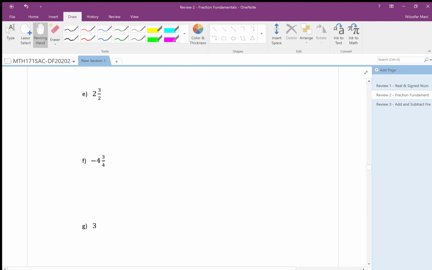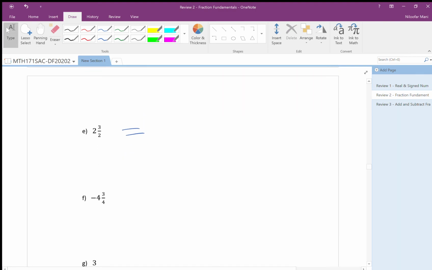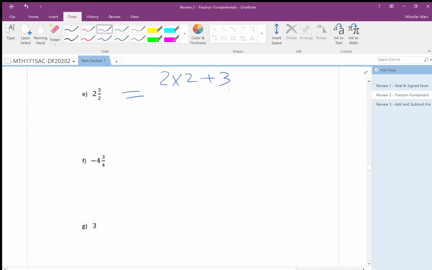How about this one here? 2 times 2, 4 plus 3, 7 over 2. But when you are doing the quiz, make sure to show me. Did I show here? Yes, I showed for the others. 2 times 2 plus 3 divided by 2, so it is over 2. So it's 4, so it's 7 over 2.